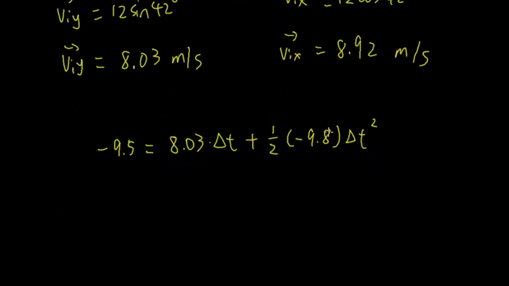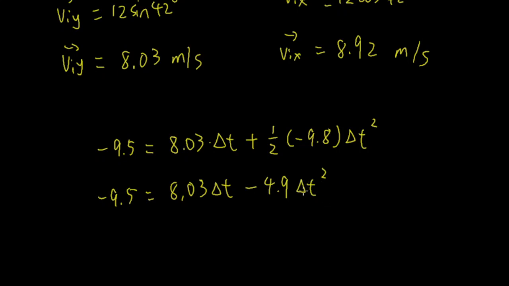Here. Now, negative 9.5 is equal to 8.03 delta t. Now, this will become minus. So, minus 9.8 divided by 2 is 4.9 times delta t squared.